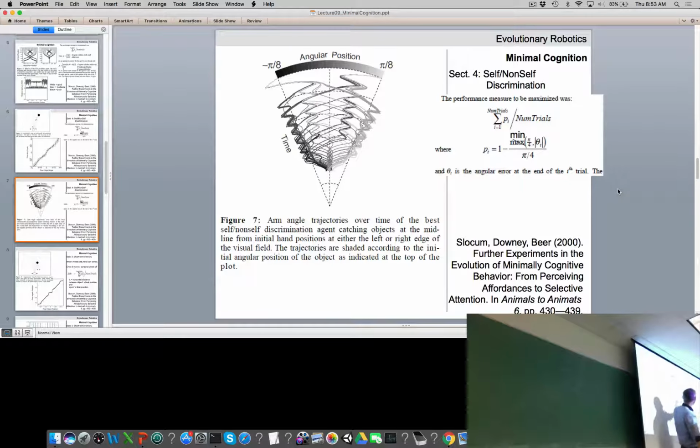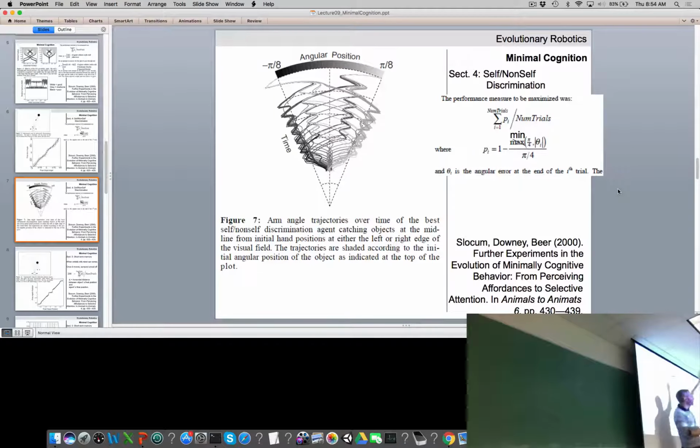The shading, the grayscale of each trajectory, shows the initial angle of the arm. So before they placed the object and before they dropped the object, they took the robot's arm and they rotated it to a certain angle. Right? So let's have a look for a moment at this light-colored trajectory, the lightest colored trajectory that comes down through here.